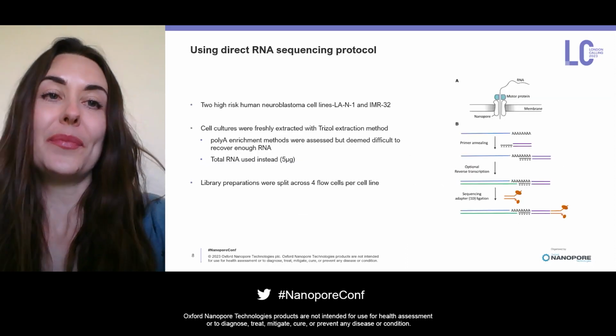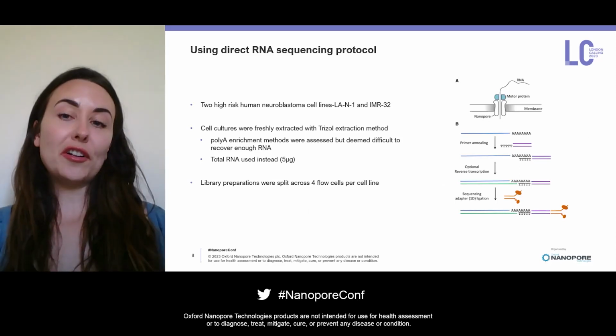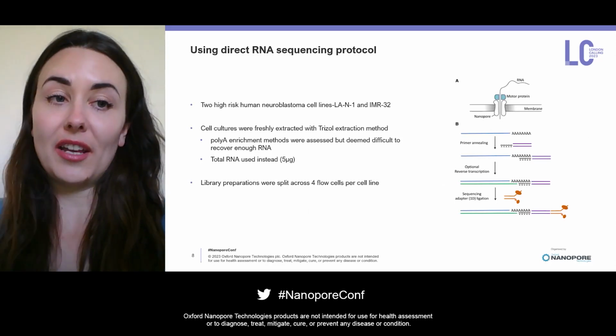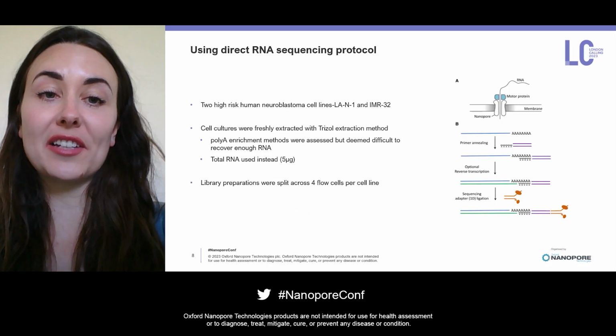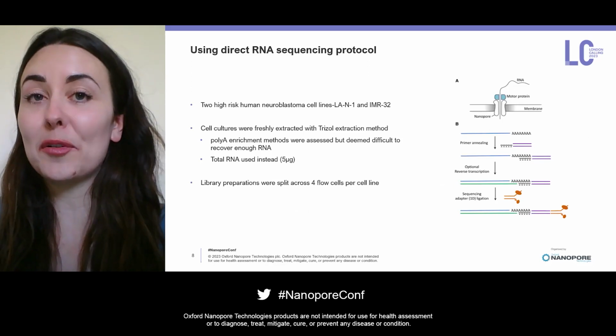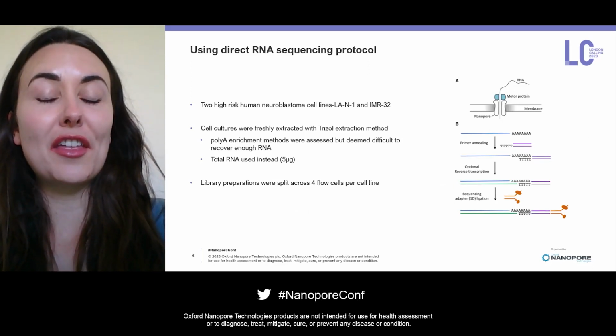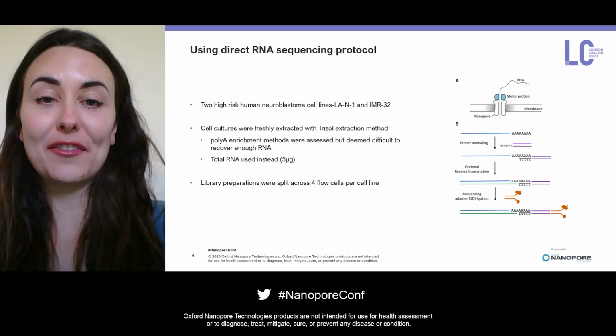So for the actual protocol, we grew 2 high-risk human neuroblastoma cell lines, LAN-1, which has an ALK mutation, and IMR-32, which has a MYCN amplification.